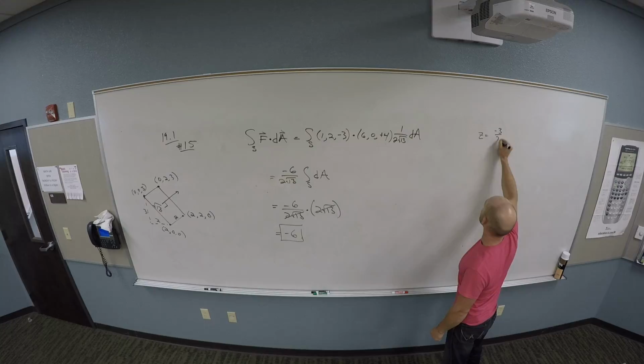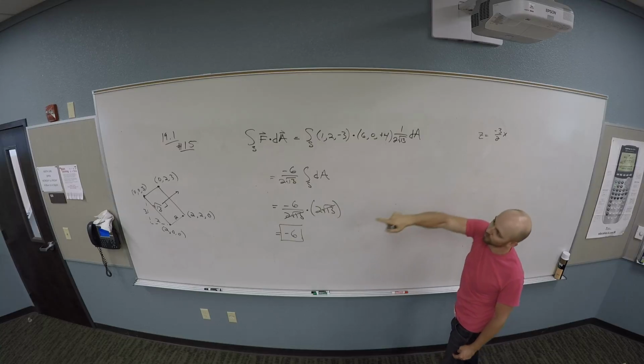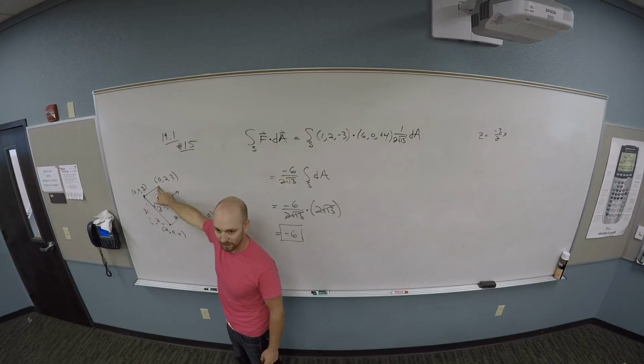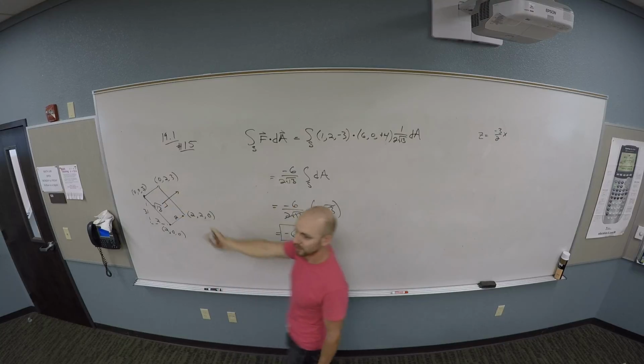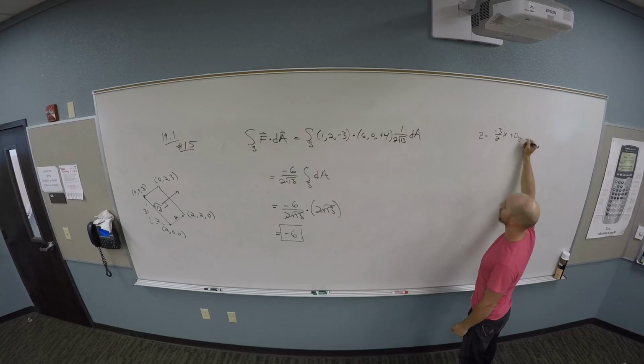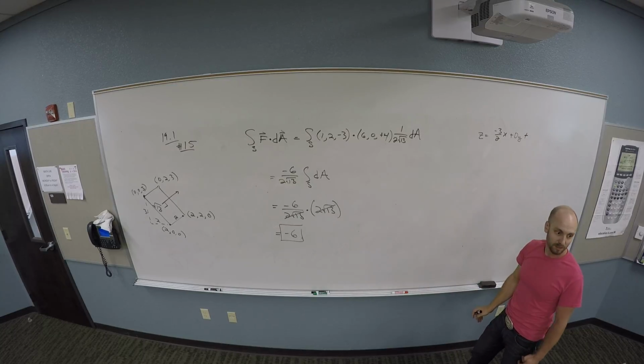So you have minus 3 halves x. You guys see that? And what's the slope in the y direction? You move about 2 in the y, what happens to the z's? Stays the same. So I got plus 0y. And then what's your constant intercept at the z-axis? 3.